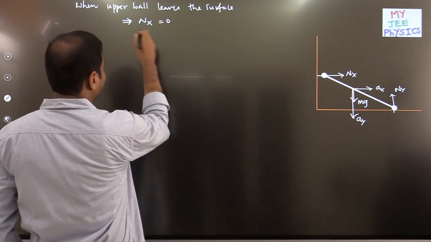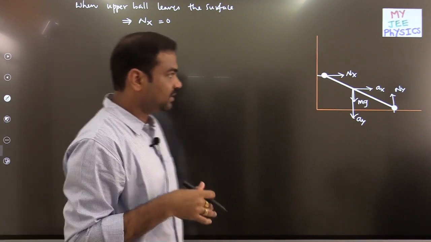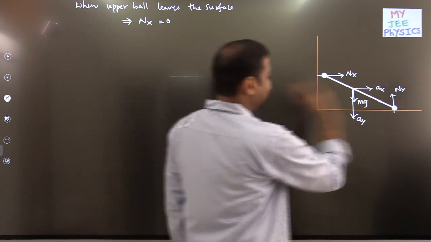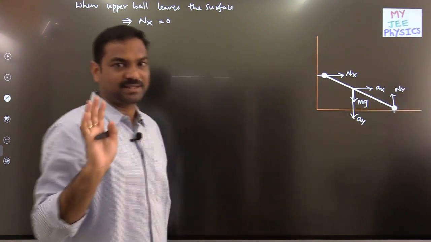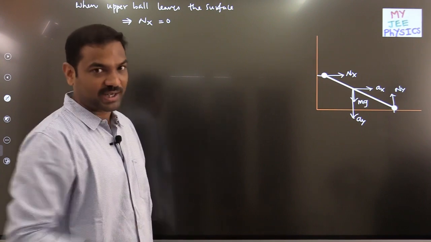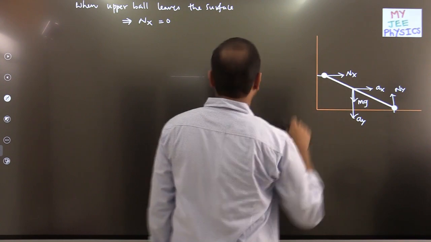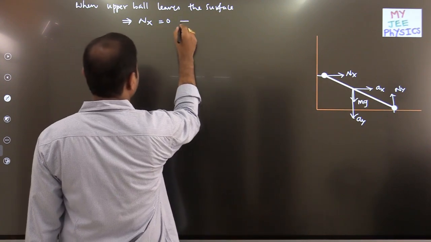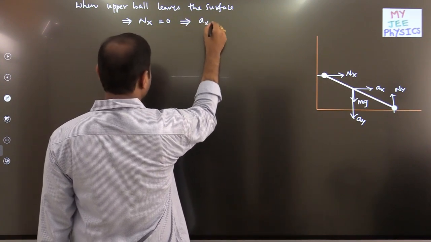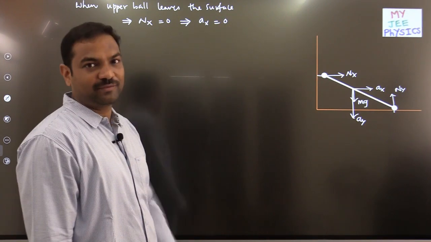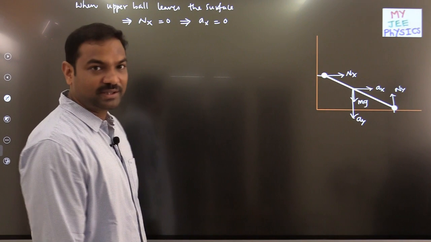In this question we have one advantage: along the x there is no other force acting, only Nx is acting, but along the y two forces are acting. As along the x only one force is acting and Nx is 0, I can directly write ax is equal to 0.